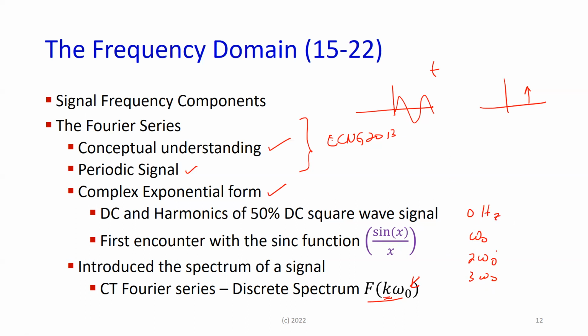The continuous time Fourier series doesn't tell us anything about what's happening at 1.3 omega naught. You're going to get 0, 1 omega naught, 2, 3, etc. A discrete spectrum always.